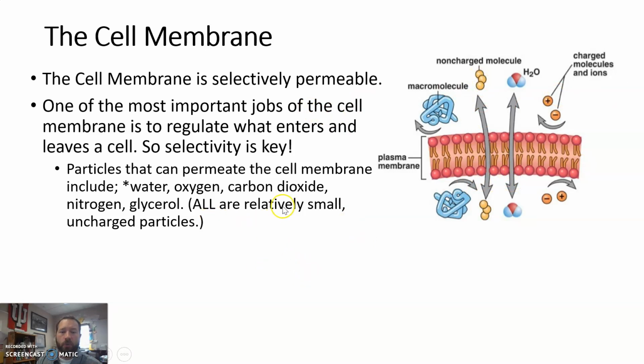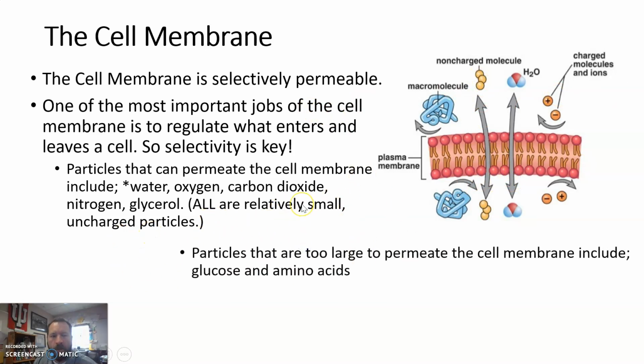They all happen to be small, and they are all uncharged. Particles that are too big to permeate the cell membrane include glucose and amino acids. Those are maybe not necessarily macromolecules, but they're the monomer units, so they're much larger than something small like water or carbon dioxide or oxygen.